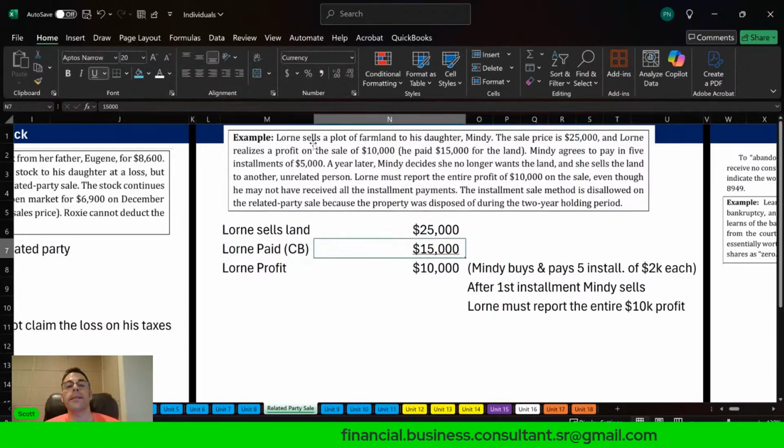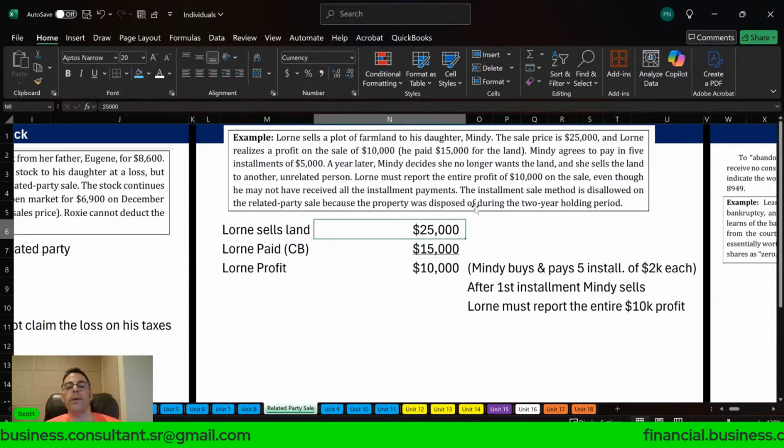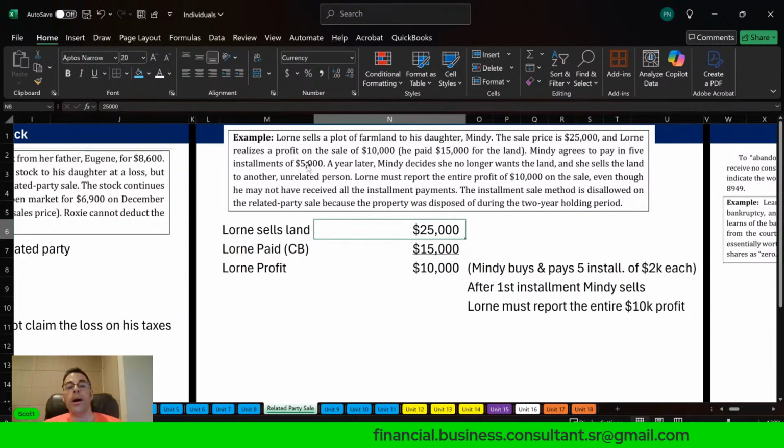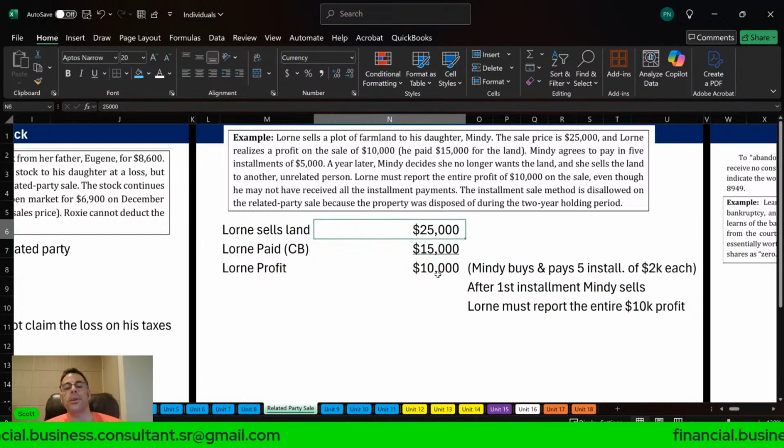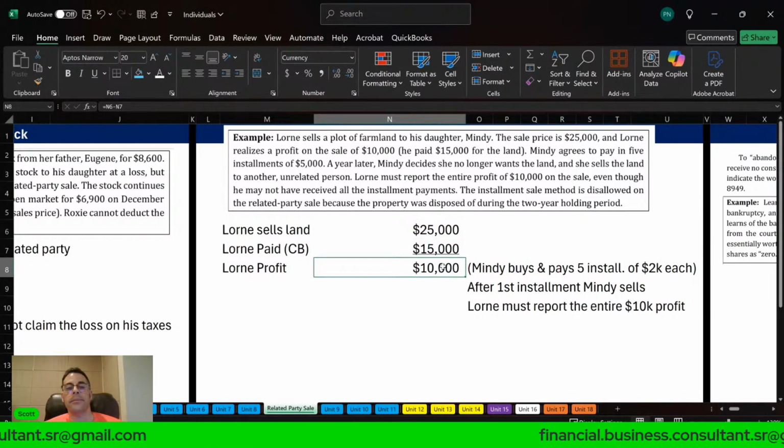So Lorne sells land to his daughter, Mindy. He sells it for $25,000. And Lorne profited $10,000 because he bought it for $15,000 and sold it for $25,000. So Lorne's profit is $10K.